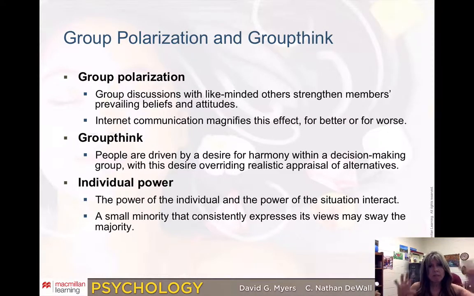So what happens is when you get a bunch of people that already have a like-mindedness, and they're around others, they start to get stronger and stronger with that. So it polarizes their beliefs. Let's say I have a belief in this candidate. I think they're the best one to be mayor of the town.